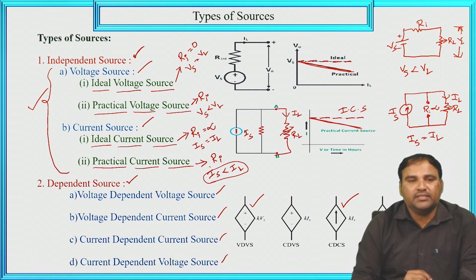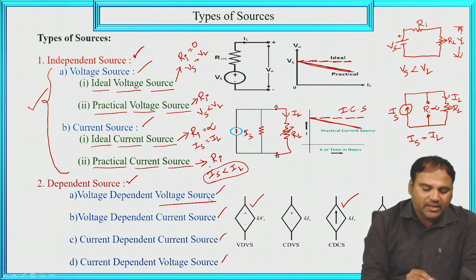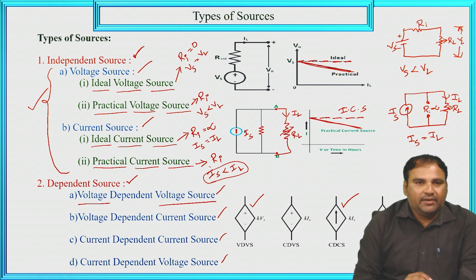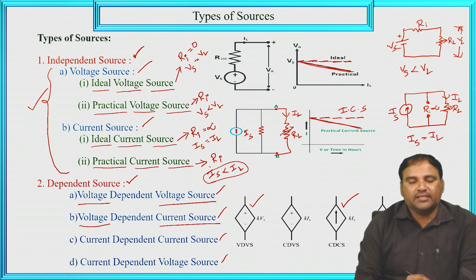The first one is the voltage dependent voltage source, where the voltage source depends on the voltage of another circuit. The second one is the voltage dependent current source, where the current source depends on the voltage of another circuit.